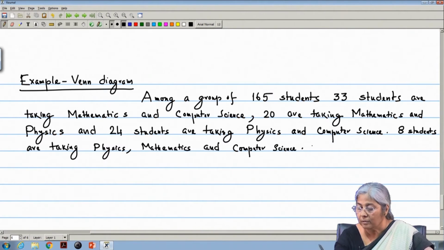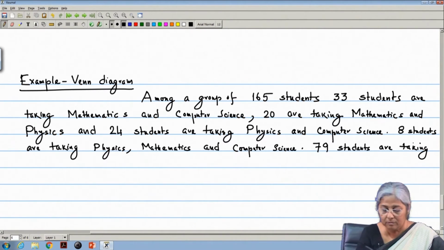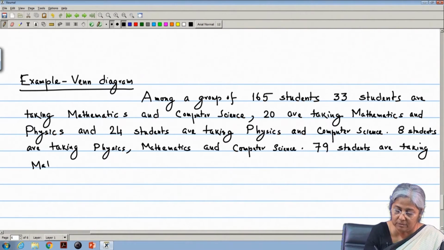Then 79 students are taking only mathematics.